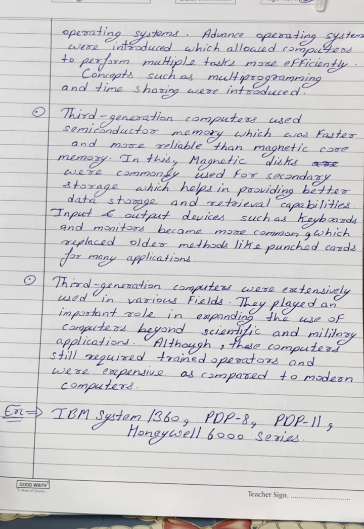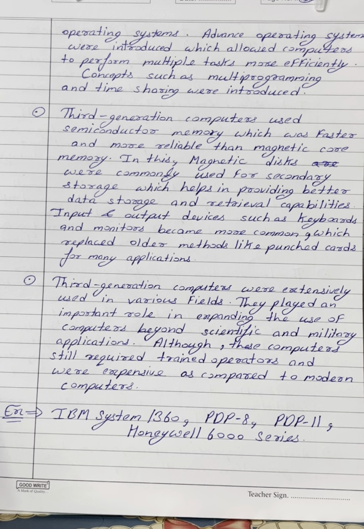Also, remember that they were extensively used in business, education, scientific research, banking, healthcare, etc. The development of the integrated circuit created the foundation for future advancement in computing technology, and the improvements achieved during this generation eventually led to the development of the microprocessor and the beginning of the fourth generation of computers.